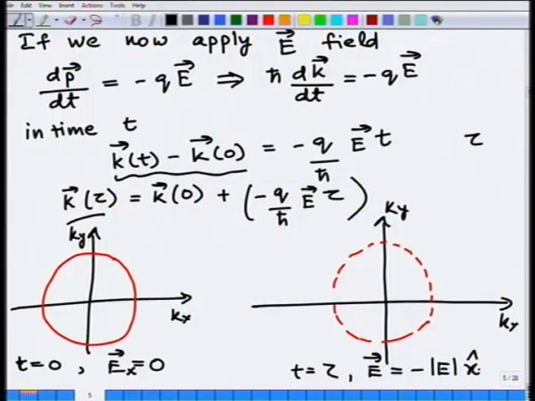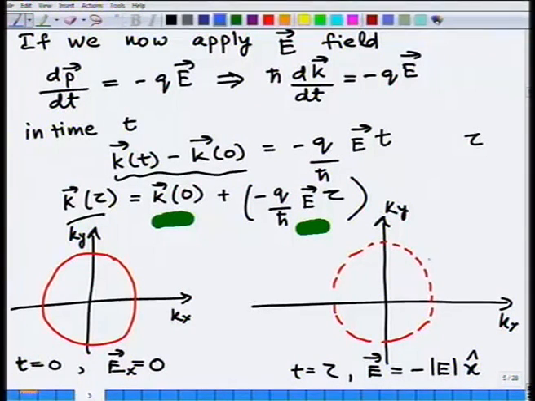Now see where the k will be. Every k point, whatever it was at time equal to 0, in time tau its value would be that number plus this number, and since I have taken E to be a minus field, there will be a plus number here. So it is going to shift in the x direction. Let us draw that circle, and you can imagine a sphere.